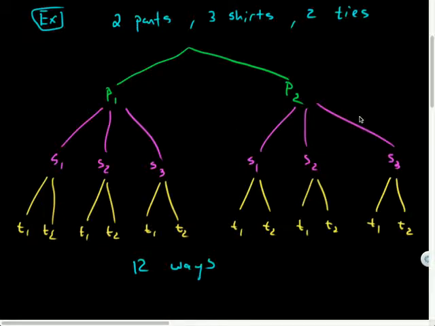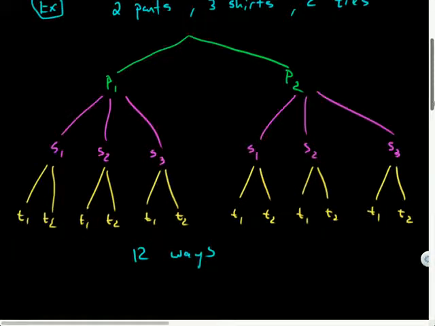And what I can do to calculate this a little bit easier is, as long as this is independent, I could have figured this out by multiplying the number of pants I could have chosen, the number of outcomes I had there, the number of shirts, and the number of ties. And that also is equal to 12.